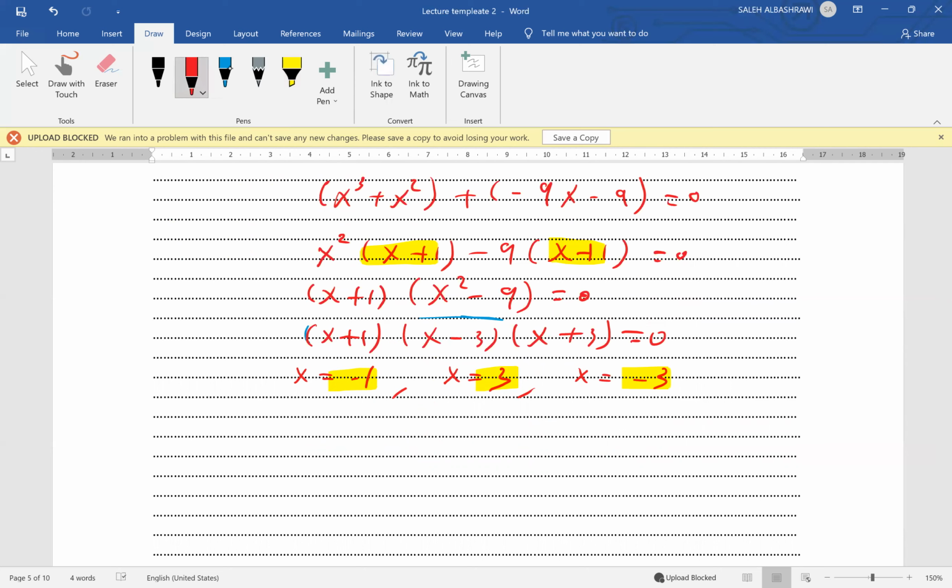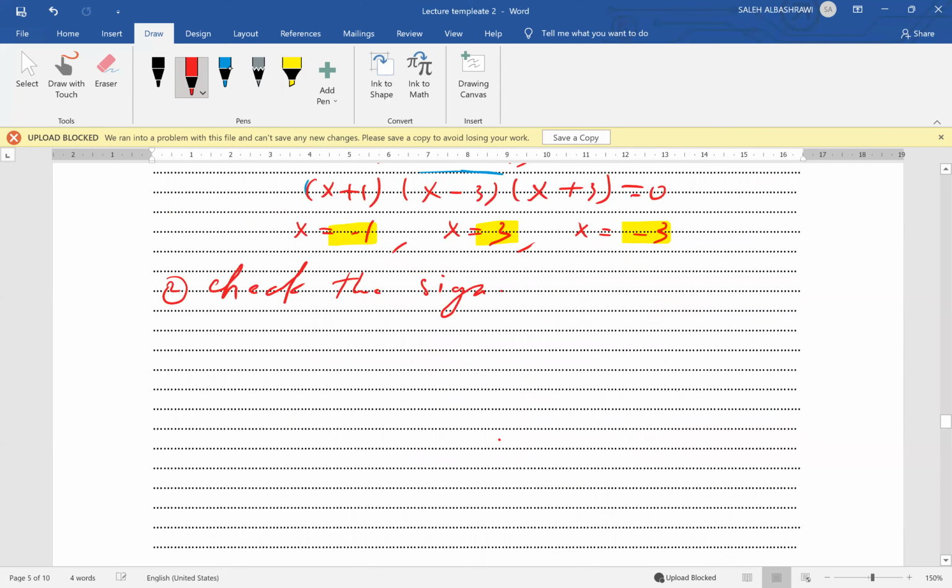Second step, check the sign of the inequality, or of the polynomial. I have minus 3, we have minus 1, and we have 3.